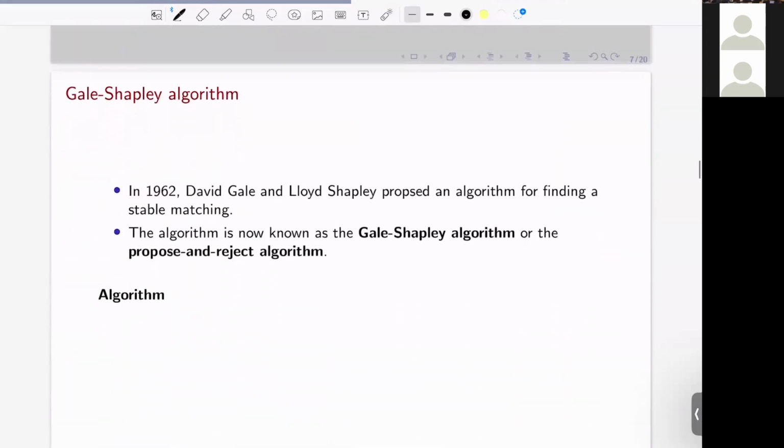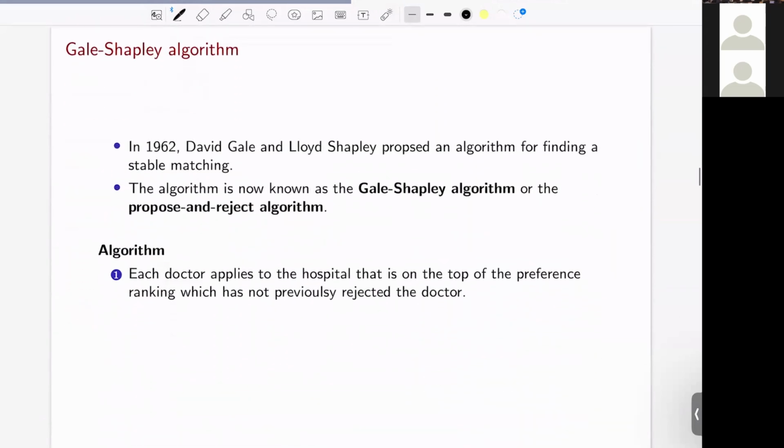In every time step, a doctor proposes to the hospital at the top of their preference list. If some hospitals have already rejected this doctor, the doctor ignores those and applies to the top one among the available ones.